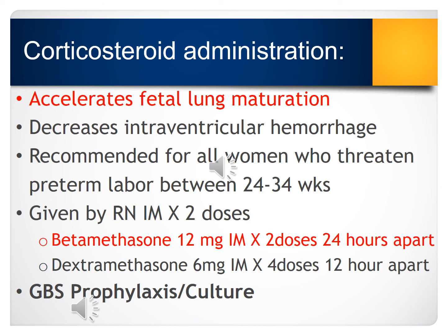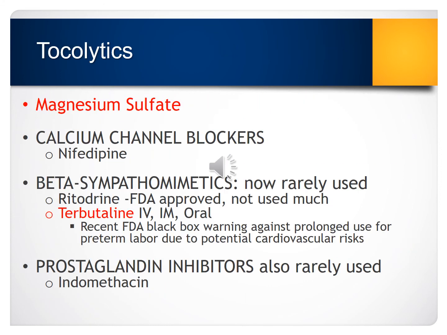So we want to treat the woman prophylactically with penicillin, preferably, and get a couple of doses of that on board as well. So these tocolytic drugs that I'll talk about in the next slide buy us time to do these 2 things, to put some steroids on board and to prophylactically treat a woman for group beta strep if we do not already know her status.